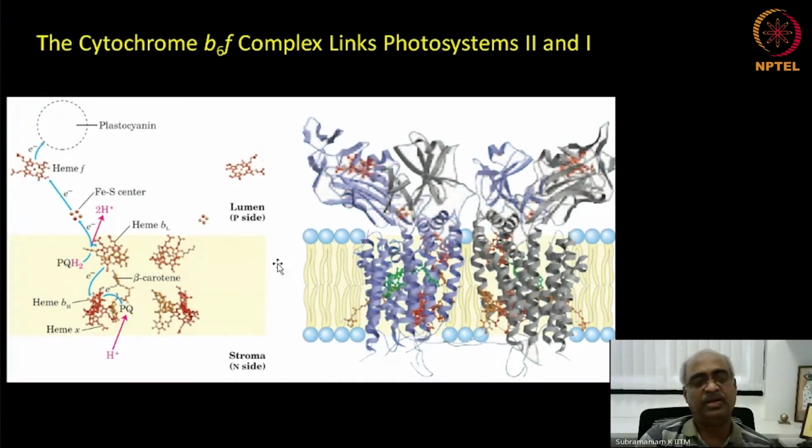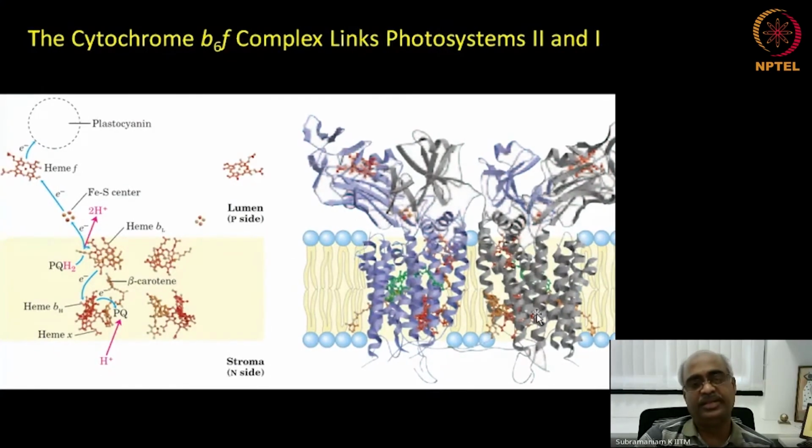Okay, and the other molecule, this is a dimer, so the other heme F is here, this one. And the other hemes, these heme B, heme X are shown here, and so it forms a canal-like structure or a cavern or a valley-like structure, and that allows the free diffusion of the ubiquinone or ubiquinol in this structure.